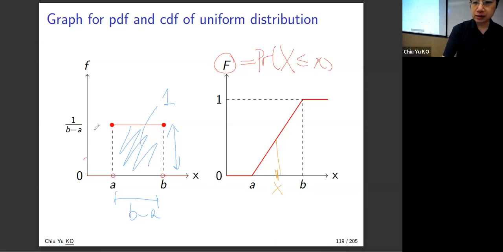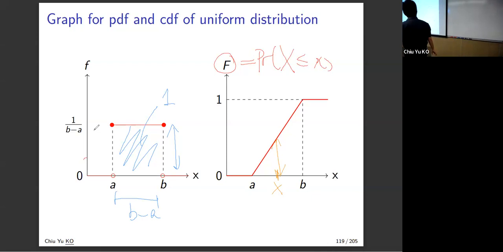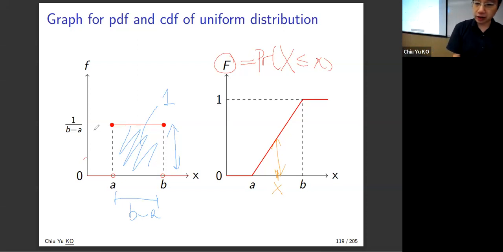What should be the height? The height is the probability that X is less than or equal to this particular number x. What does that mean? It means this whole area should be the same as this number.